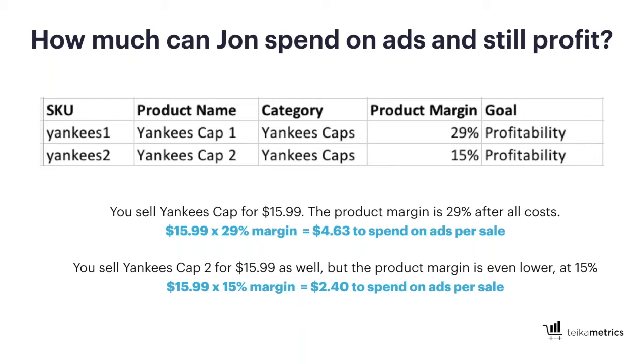You see that he's going to end up with $4.63 to spend on ads per sale versus that 15% margin, only $2.40 to spend. So this is just really to make that very clear why he's going to want to separate those two products out, even though in a lot of cases, if you were just looking at category and goal, you might assume you'd want them in the same campaign.